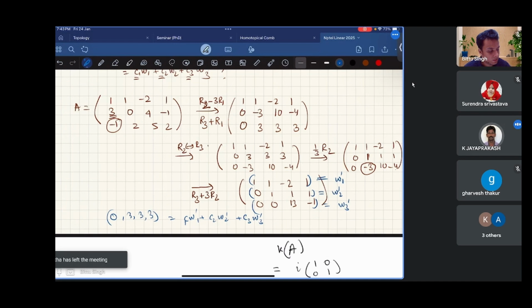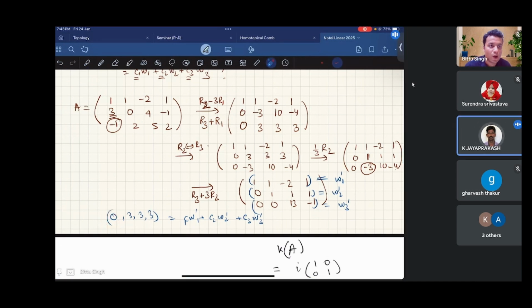So let us try in this way. The first element is 0. How do you make the first element 0? What will be the coefficient of this W1 dash?